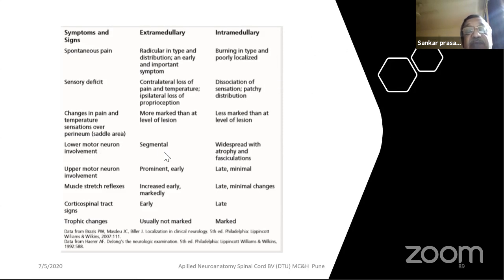Lower motor neuron involvement is segmental at the level in extramedullary, and widespread in intramedullary, with atrophy and fasciculations. UMN involvement is early and below the level of the lesion in extramedullary, and late in intramedullary. Muscle stretch reflexes are increased early and markedly because of the spasticity; in intramedullary they are late and minimal, and trophic changes are marked in intramedullary lesions. These are the important features.